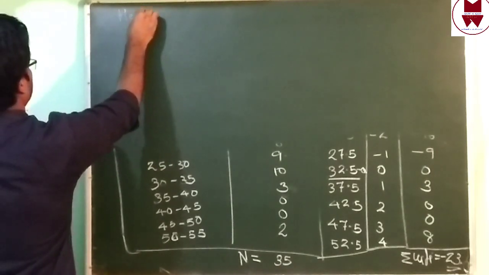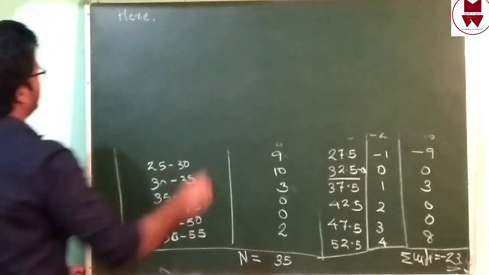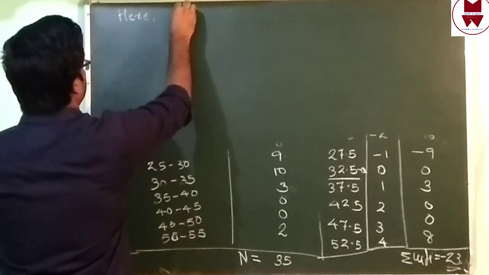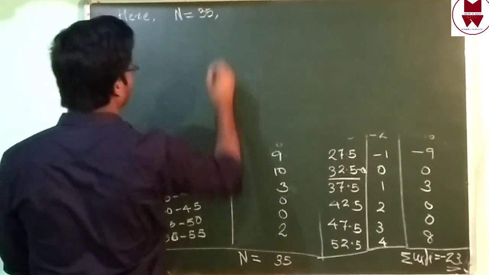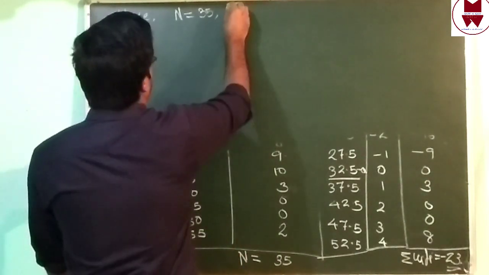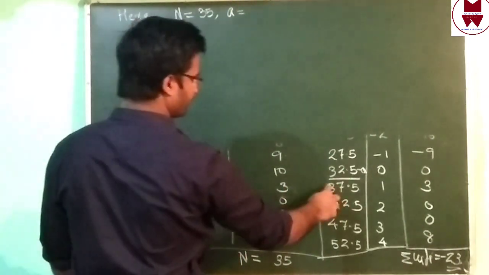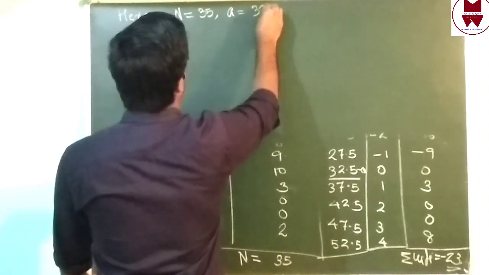Now we got all the values. Here we can write one by one. N equal to 35. A equal to 32.5.